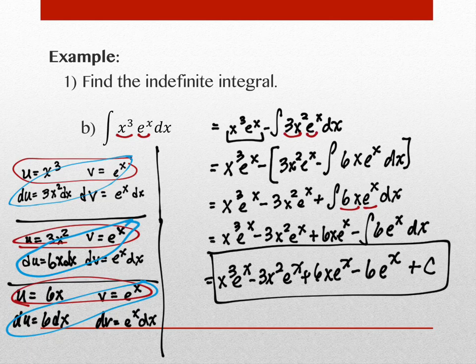And here's the deal. We're not going to do it, but here's the deal. If I took the derivative of this, it'd be awful, first of all, right? It would be messy. But it would simplify to x cubed e to the x. Things would pair up, things would combine, things would cancel out, and it would clean up really nice and tight into x cubed e to the x, which feels a little bit counterintuitive.